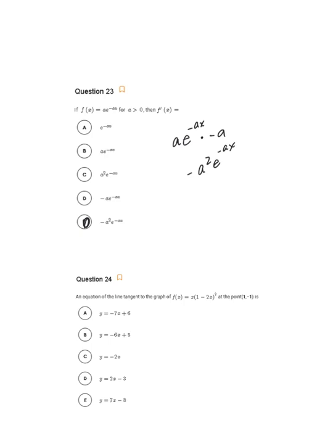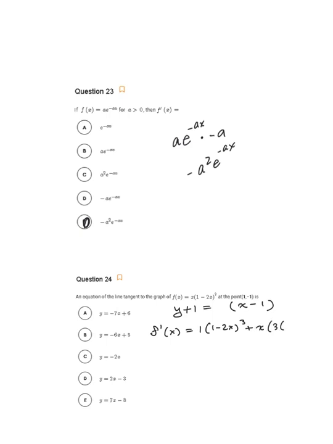Tangent line. They gave me the point 1, -1, so I already know I have y minus -1 is equal to m, which I'm going to be finding, times x minus x1. Okay, so to get m, I have to get the derivative, and then I'm going to get the derivative at 1. So f prime of x, I have the derivative of the first times the second, I'm using the product rule, plus the first times the derivative of the second.